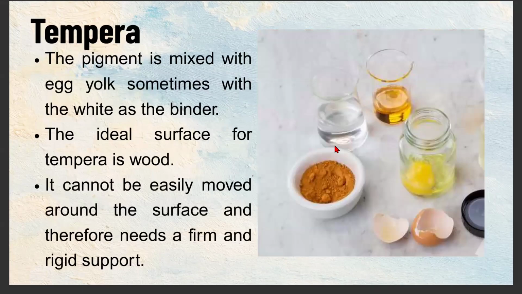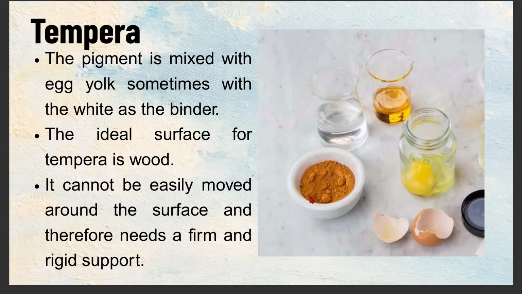Moving forward, this is the tempera. When it comes to tempera, it is one of the earliest mediums used on early paintings. Tempera is commonly a powdered paint mixed with egg yolk.